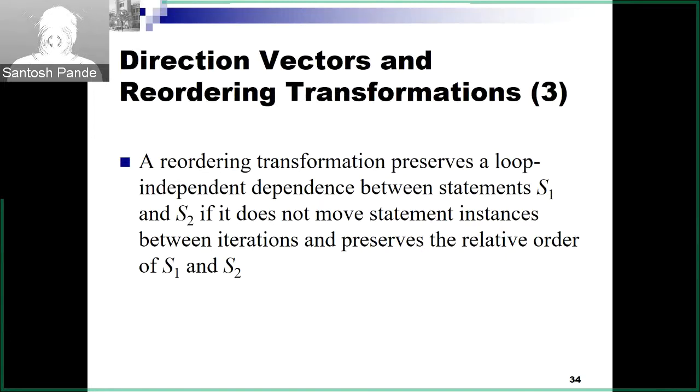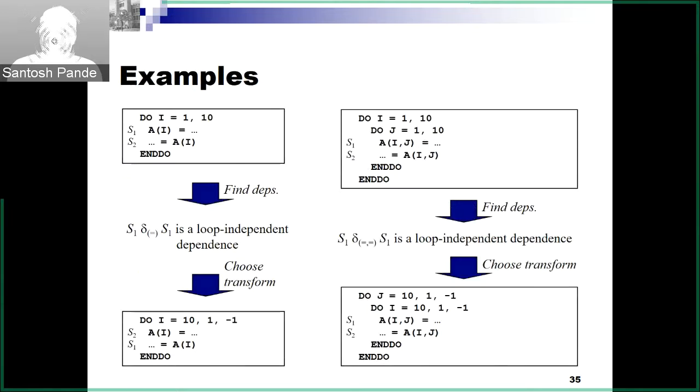And the reordering transformations preserve a loop dependence between S1 and S2. It does not move statement instances, and it preserves the relative order. It's basically what is important, as was shown there.